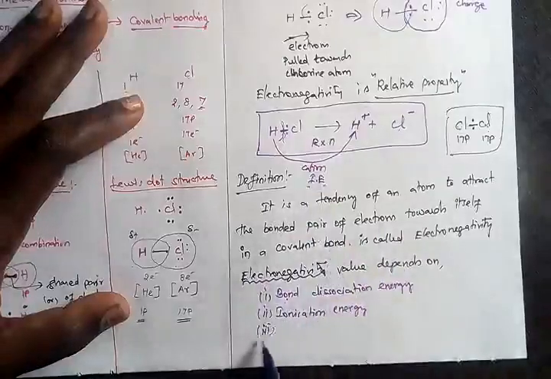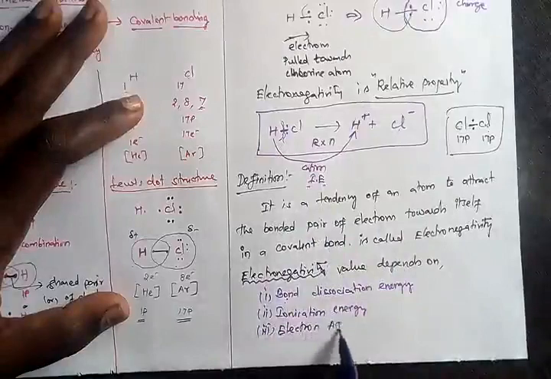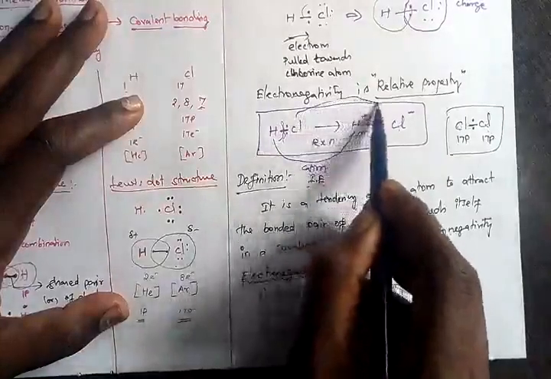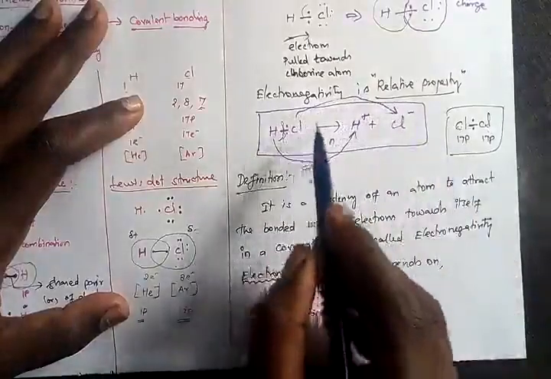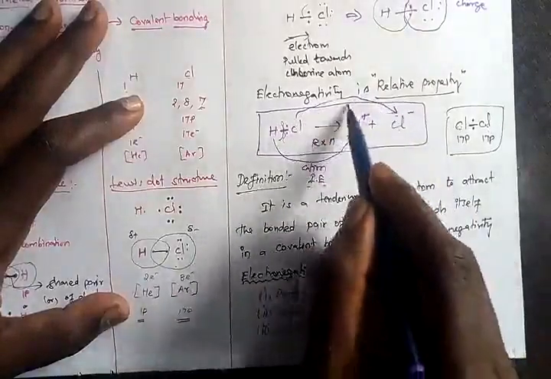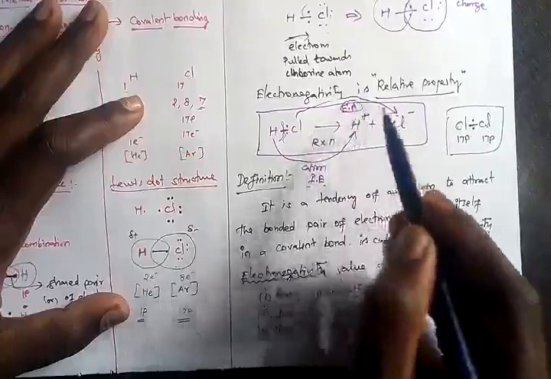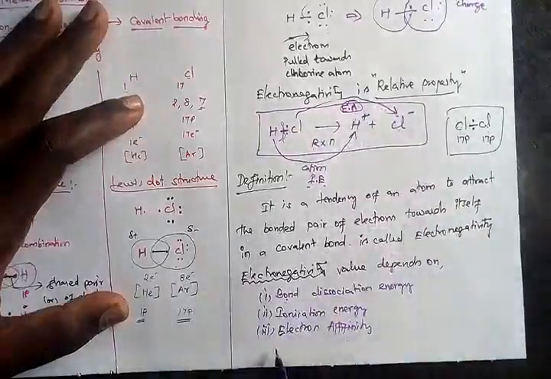The next one, electron affinity. Look at the other end in the reaction. When the bond breaks, the chlorine forms an anion. It is nothing but the electron affinity process, the EA process, right?